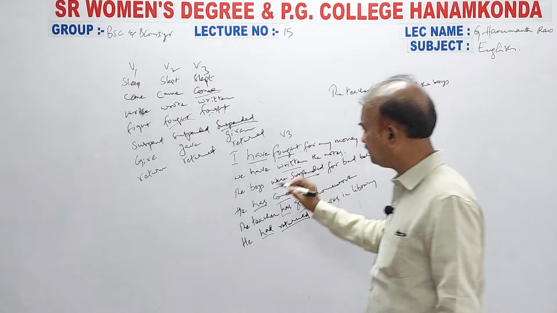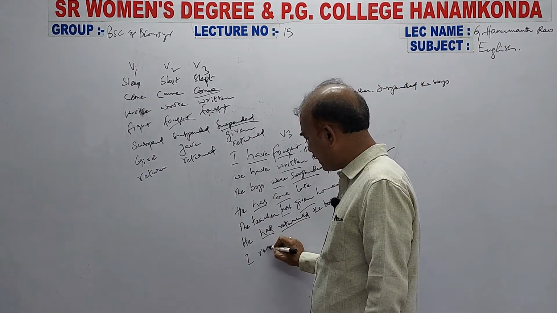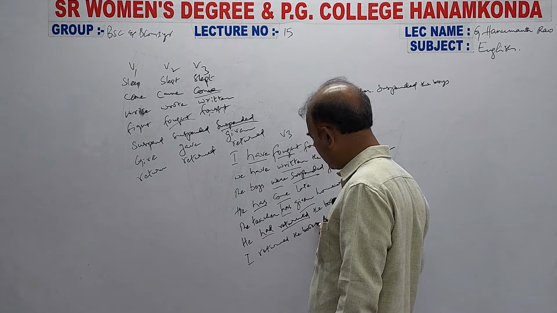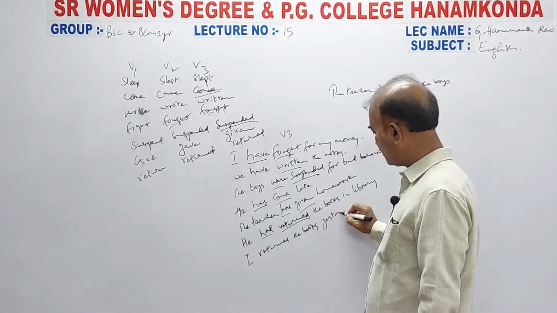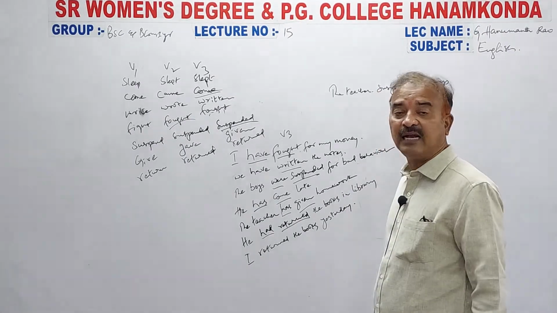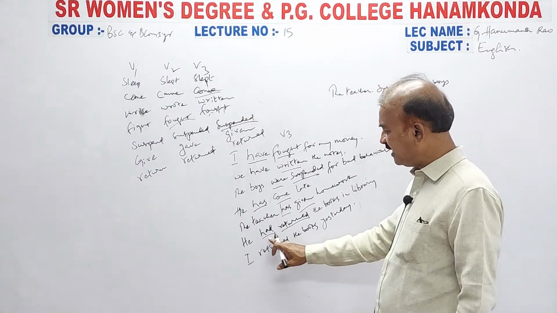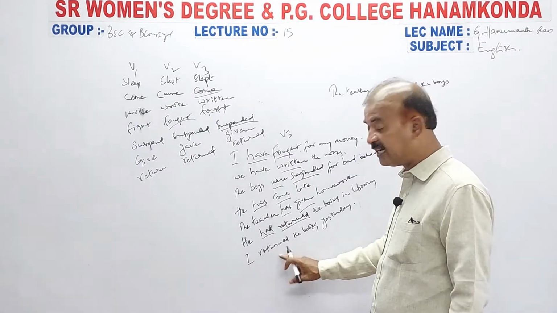For example, the same sentence can be turned into a past tense. I returned the books yesterday. Now check this. Here had returned, but here only I returned. I is the subject, returned is the verb.